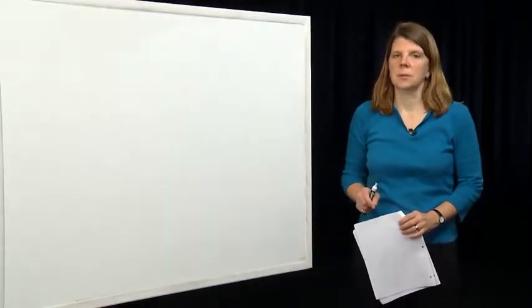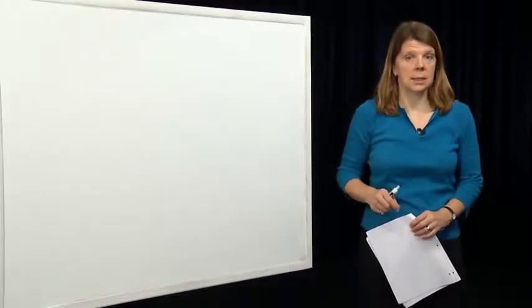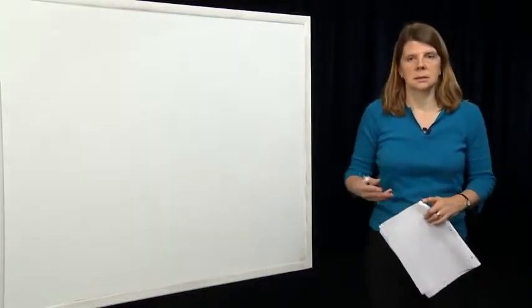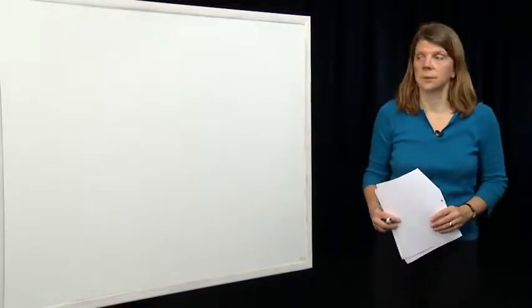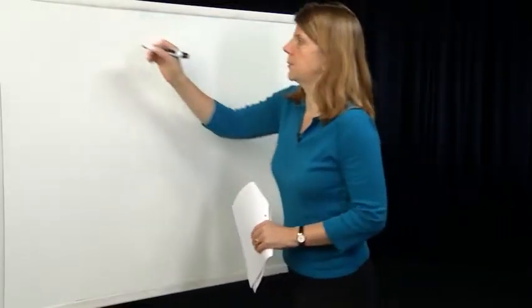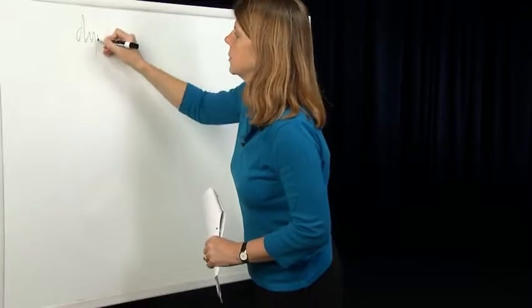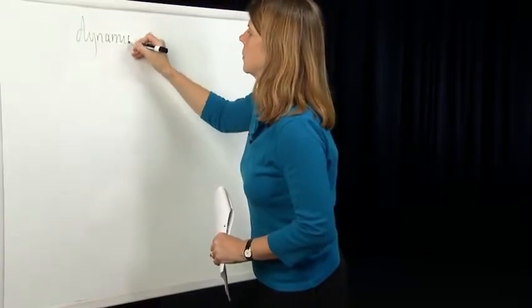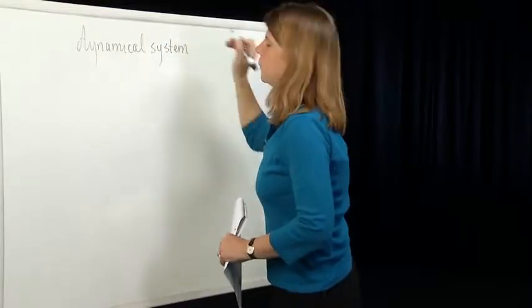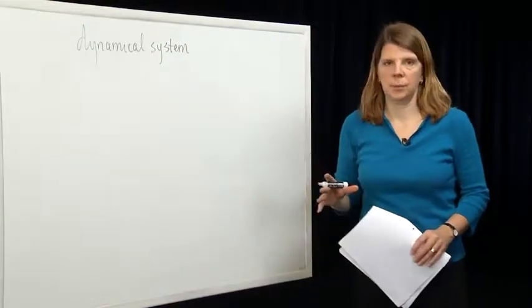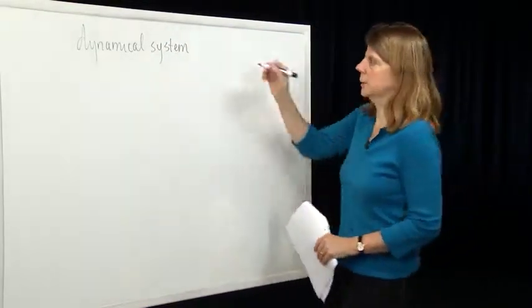These are two properties that apply to dynamical systems, the kind and the definition of dynamical system that we introduced in the last module. So in terms of our definition of a dynamical system, we defined it as a group of elements with two associated axioms.